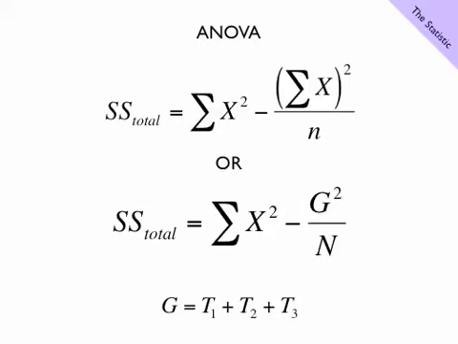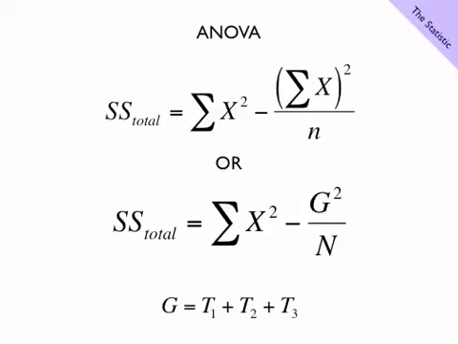Subtract the sum of all of the scores squared divided by n. Those two things are different. The square of the sum is different than the sum of the squared scores. But we have a new name for the sum of all the scores. It's G. So the total sums of squares is the sum of x squared, the sum of each of the 15 scores squared, minus G squared over big N, right?